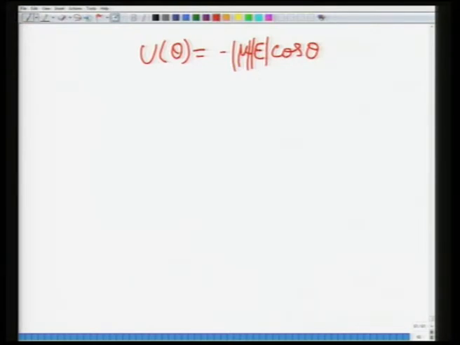So since you have many more thetas available, what you will have is, this is the applied field, right, and then you have one dipole like that at theta, another dipole like that at theta, and you might have several dipoles.